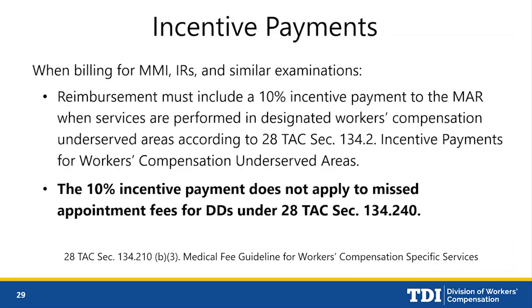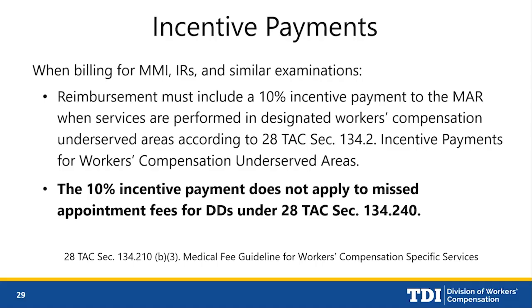Written into Rule 134.2, I wanted to cover incentive payments for underserved areas in the workers' compensation system in Texas. This rule has a list of zip codes where the carrier is expected to add an additional 10% to the maximum allowable reimbursement if the doctor is conducting the exam in that area.